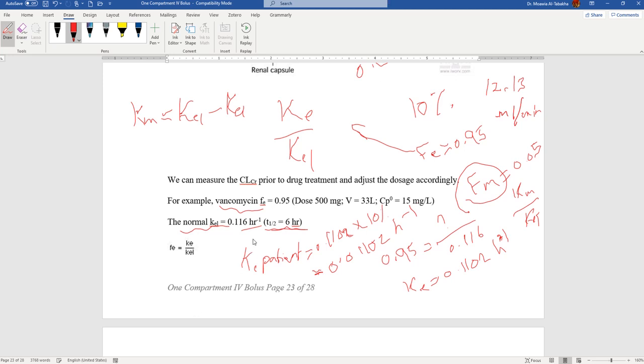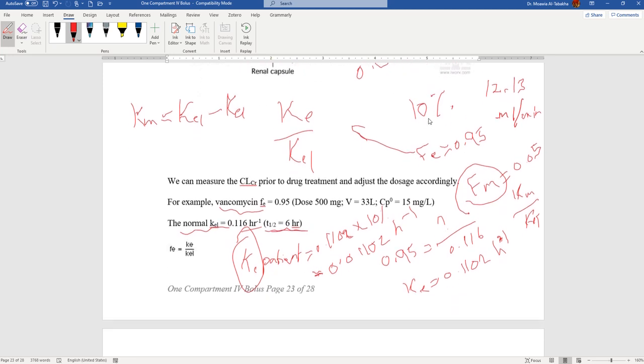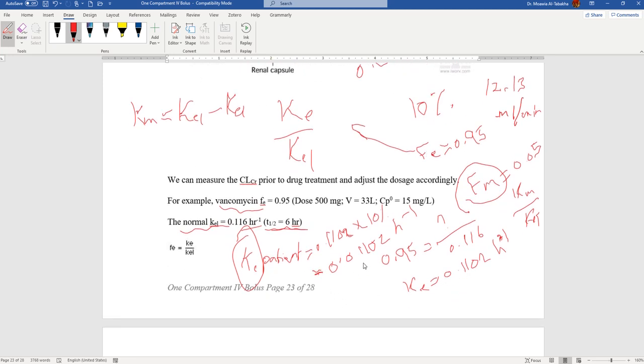So now I have the KE of the patient. What is the KM of the patient? The KM of the patient is not affected, it is the same, because he has no liver problem, he only has a kidney problem. So for this patient, this is the new KE, and his KM is already given as 0.0058, and his KE is 0.01102.